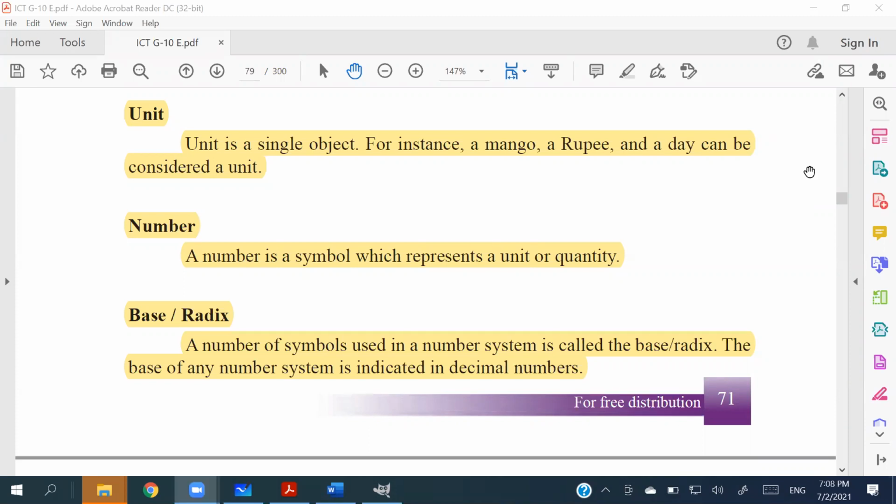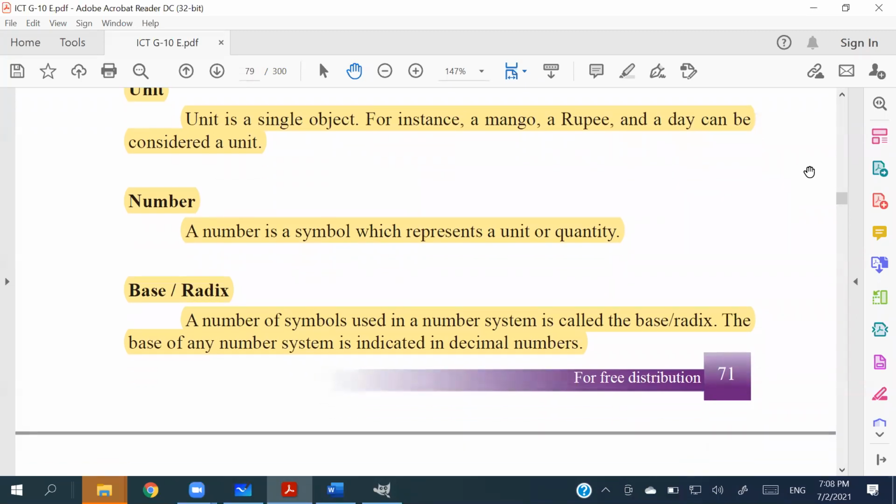Please indicate if there is anyone still writing this. All right, so we are going to move.